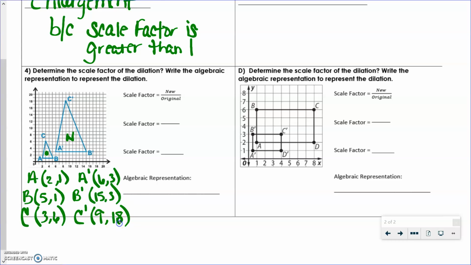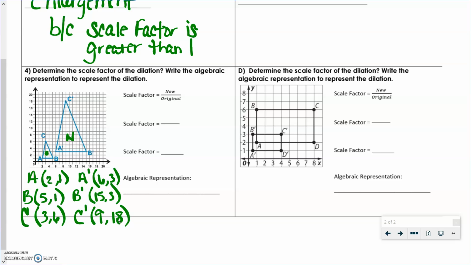So now that I know what my coordinate pairs are, I am going to figure out my scale factor. So what I'm going to do is take my new coordinate pair and put it over my old coordinate pair. So I can just take one value. So I can just take my x value because what happens to my x happens to my y. And so let's take A and A prime, for example.